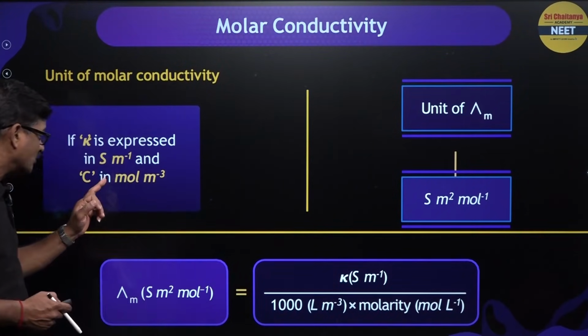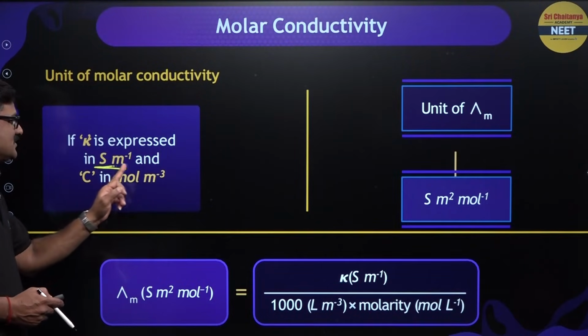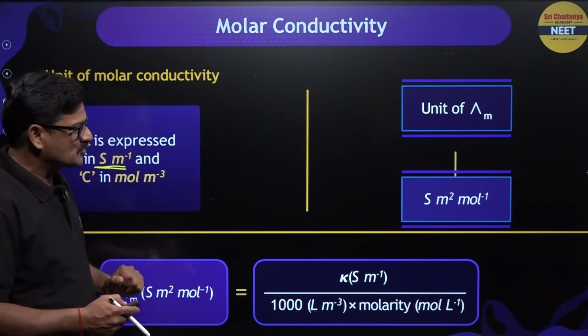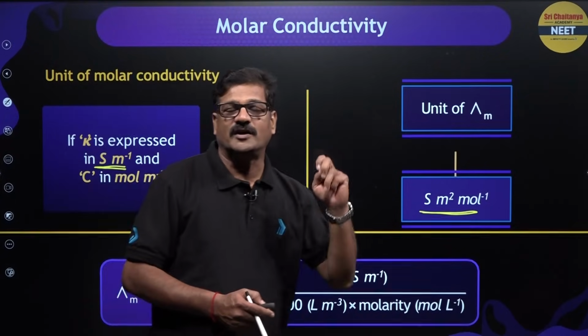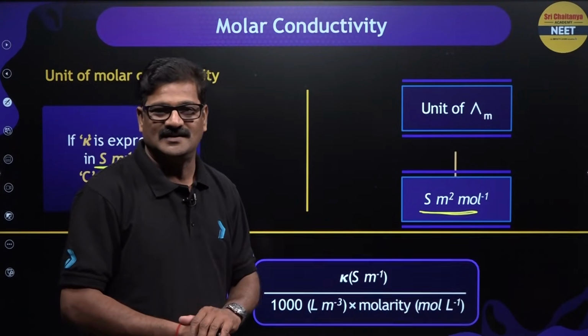In SI units, K is Siemens meter inverse, and it is going to be Siemens meter square mole inverse. That is the SI unit of molar conductance.